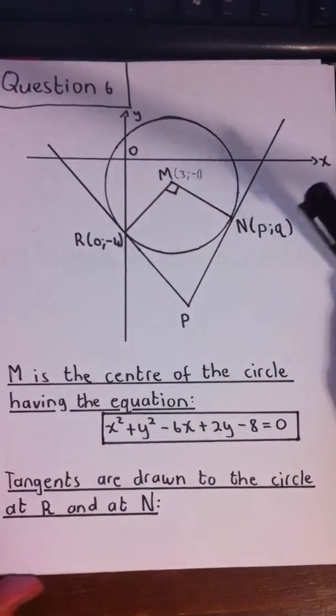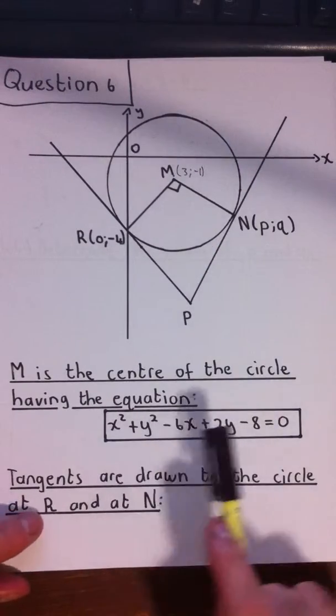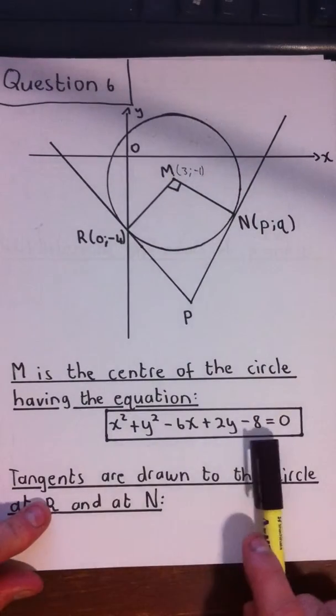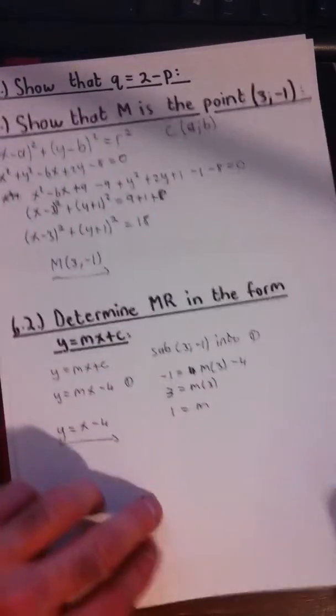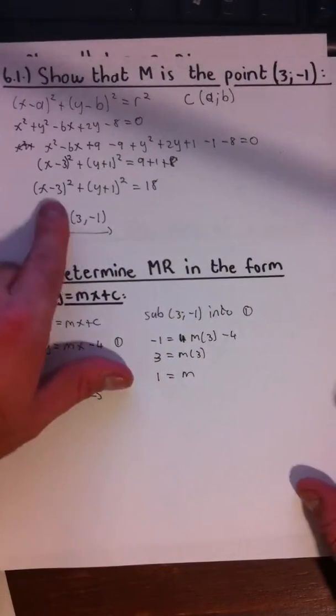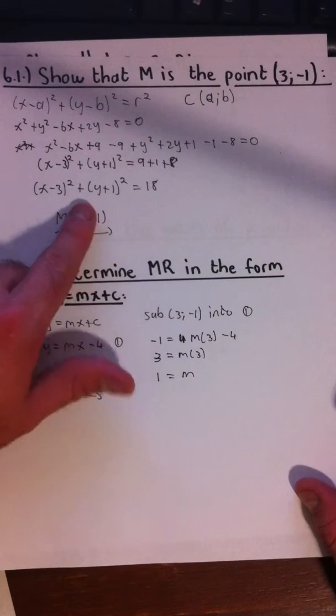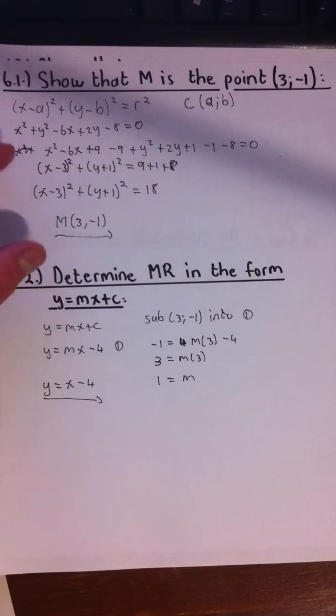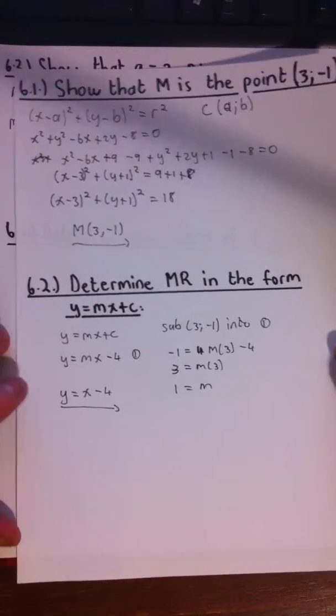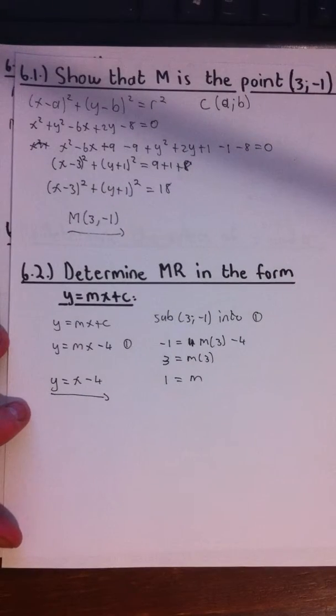But what we do know is what the center of the circle is and the equation of the circle, because the equation of the circle we already calculated in 6.1 to find the center. So we're going to probably use that again. Let me just see what would be the quickest way to do this one.